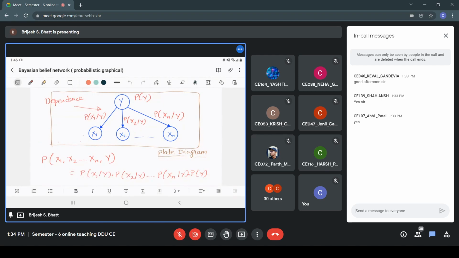We said that the attributes are independent of each other and they come from identical distribution. So we call this the IID assumption, independent and identically distributed. And we said that each depends only on the class label.